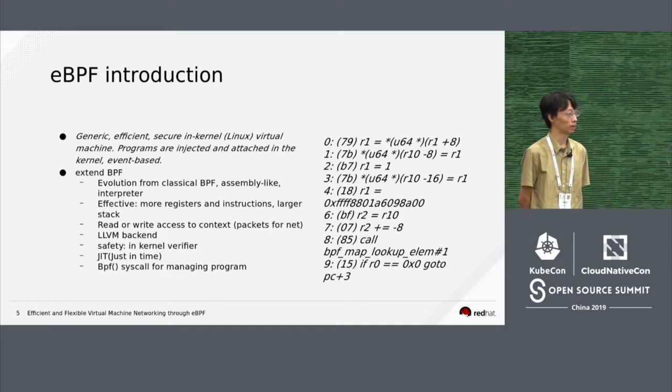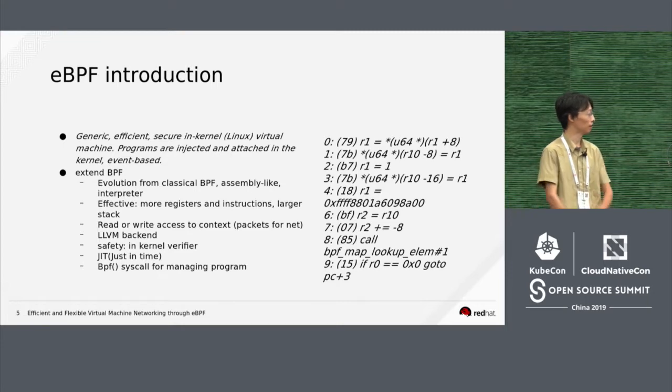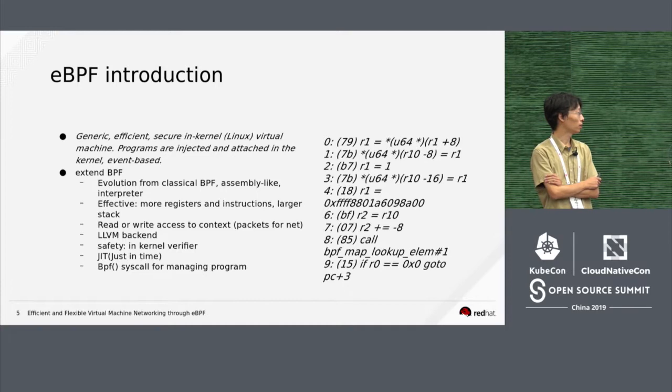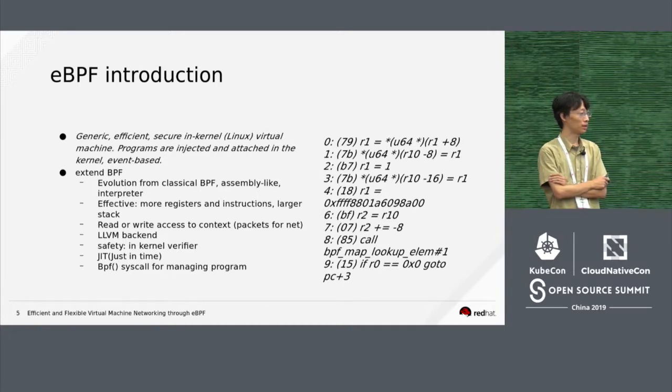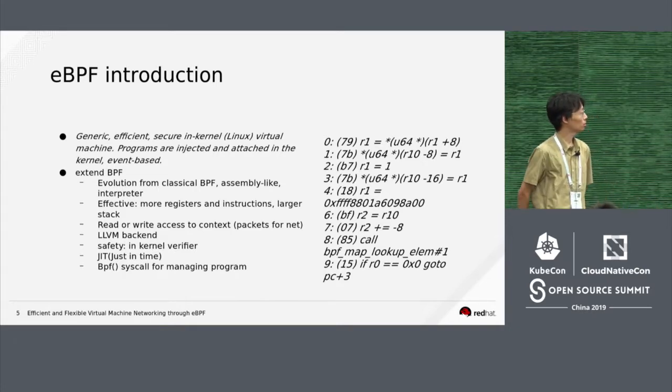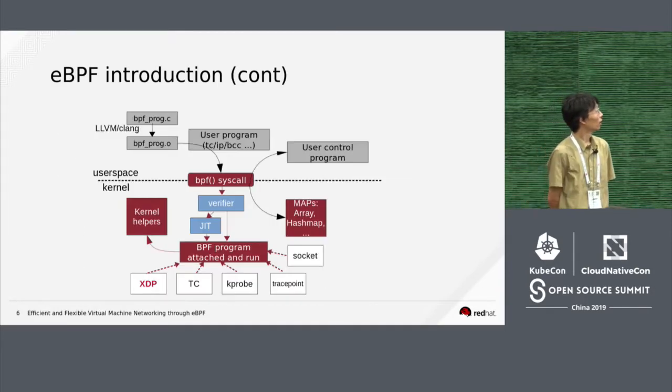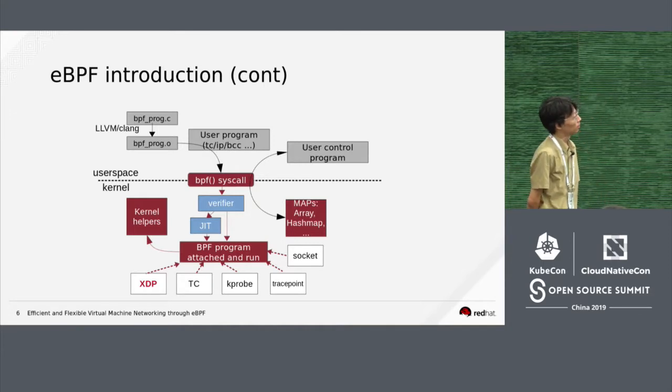So we can produce just-in-time code, and it is pretty secure, because we have a verifier in the kernel that minimizes the risk of deadlock, and it is very efficient. In all the mainstream architectures, it is the most efficient when we compile the code into the form that we want. We can also use the bpf syscall for managing programs. So this is what I have introduced.